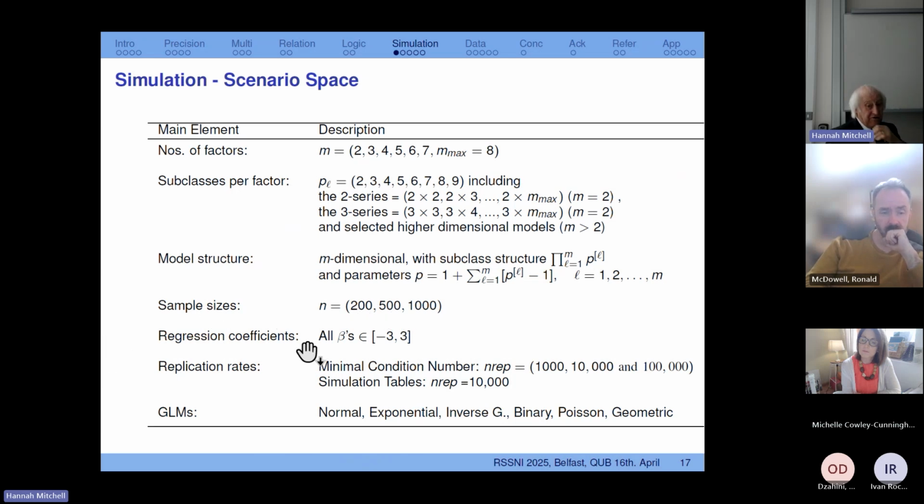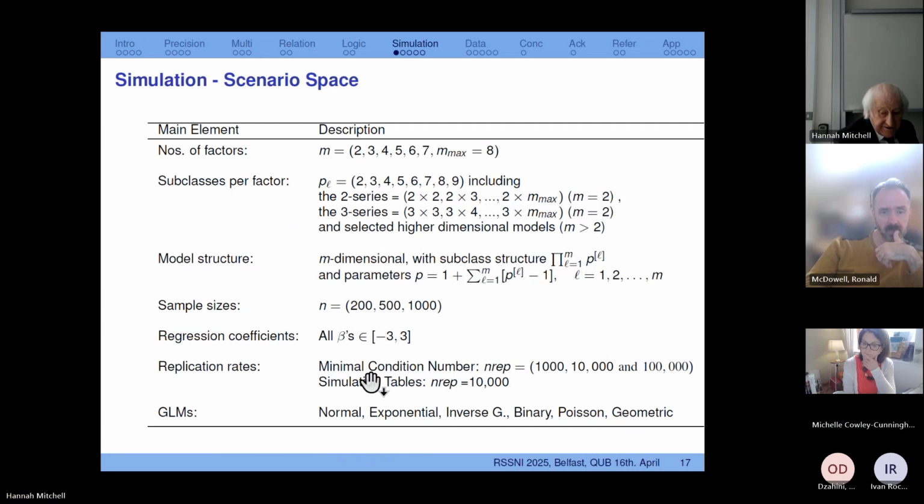All the regression coefficients lie in this range. The replication rate for the simulation tables is 10,000 simulations, not 1,000. And the GLMs studied are the linear model, exponential, inverse Gaussian, logistic model, Poisson, and geometric.